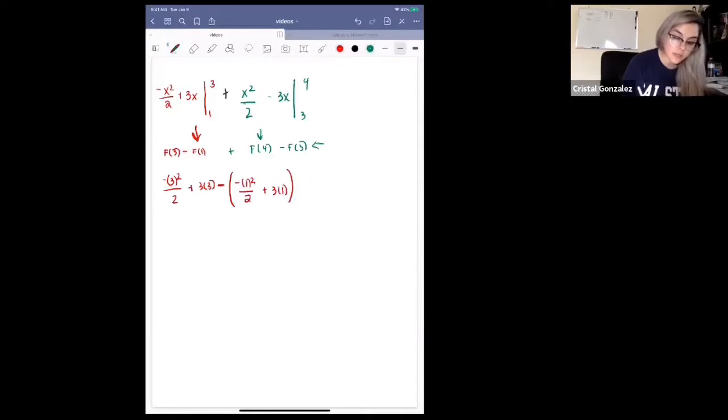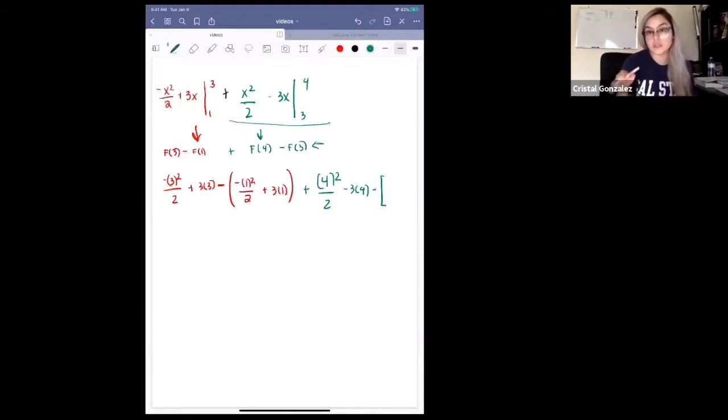And now I'm going to add the next thing over, which is over here. This is going to be 4 squared over 2 minus 3 times 4 minus, and then big old parentheses over here so that I remember that I need to distribute that negative value. This is going to be minus 3 squared over 2 minus 3 times 3.